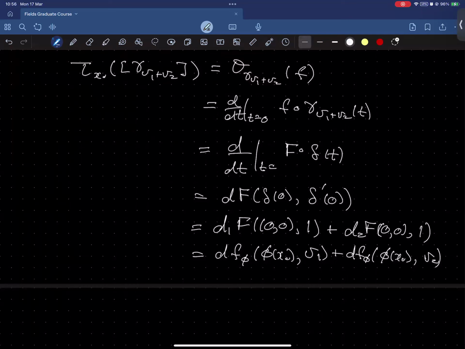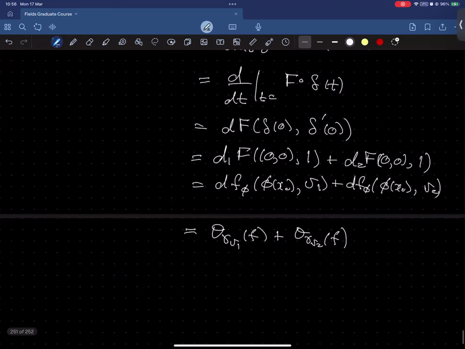Now I see why I did this. So this is theta gamma v1 of f plus theta gamma v2 of f.